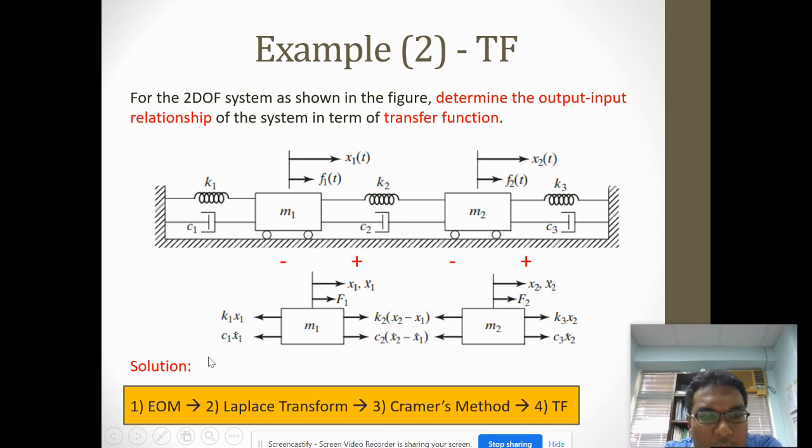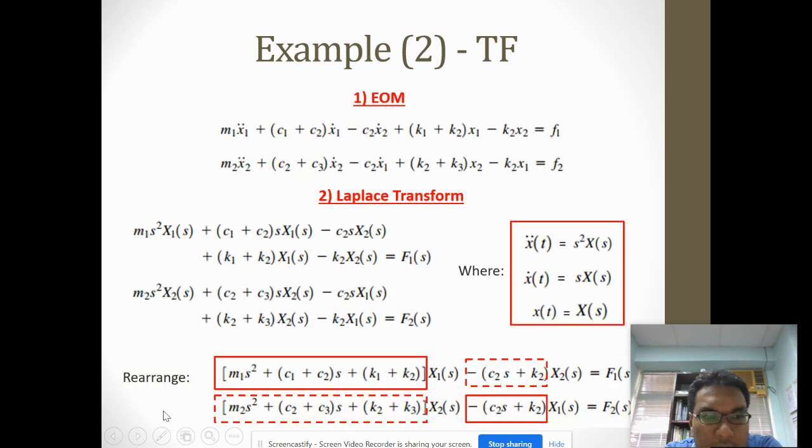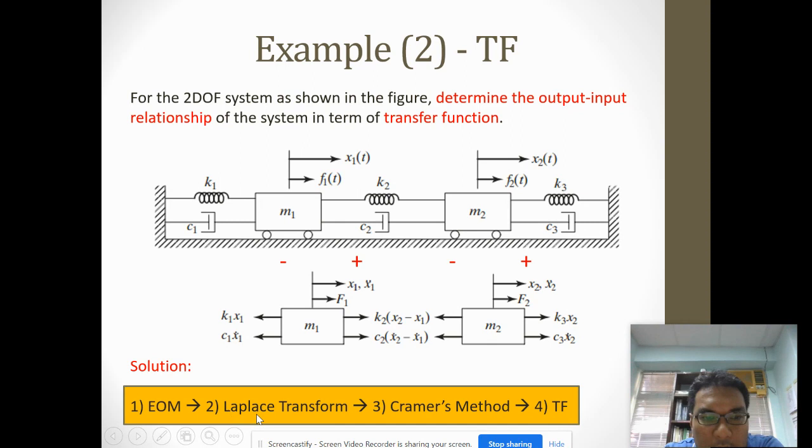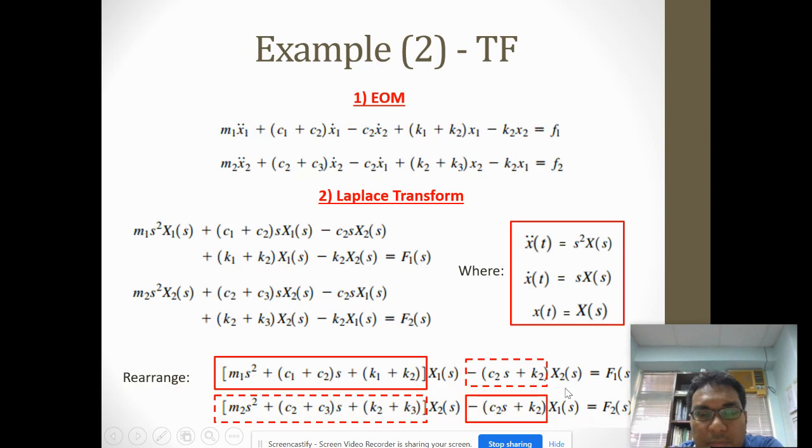Okay, so the rule of thumb to solve this is you must derive the equation of motion first, and then you go to the Laplace transform, Cramer's method, and finally you can get the transfer function. So when you arrange the equation of motion, this is what you get. What I have told you before, you must arrange by the acceleration first: x1 double dot, then velocity, you can see here is arranged first 1 and second 2, x dot 1 and x dot 2, and finally displacement, x1 and x2.